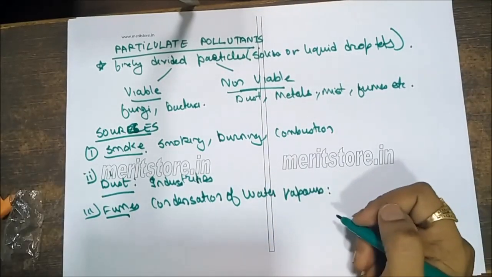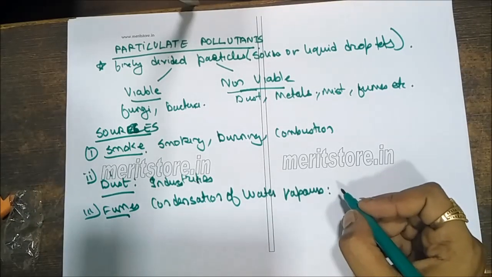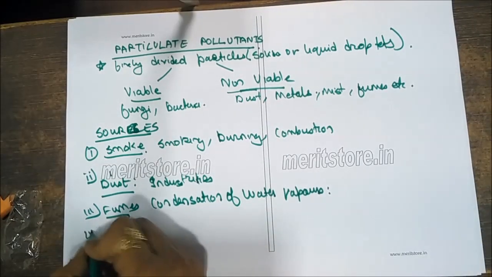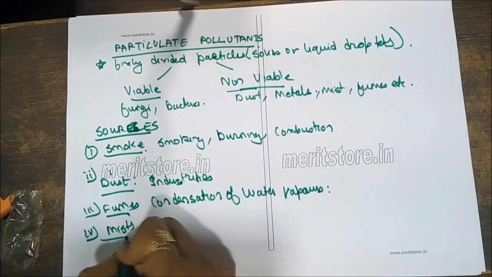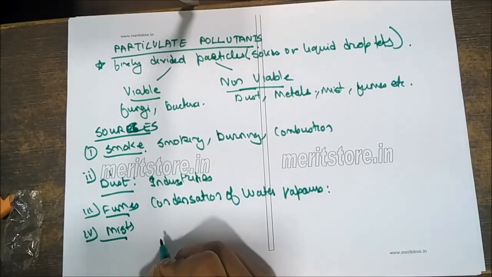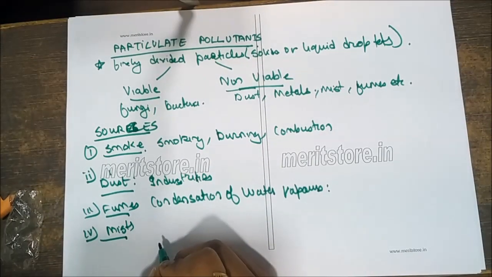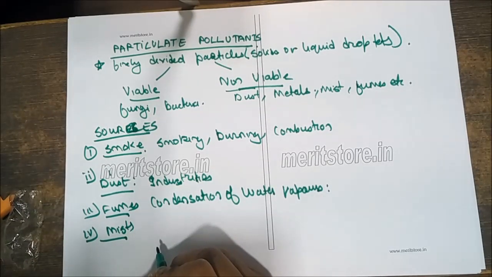And when would this happen? It would happen during the process of distillation, sublimation, boiling, and chemical reactions. And the last type of particulate pollutant is mists. How are mists formed? These are very fine particles of spray liquids formed by the condensation of vapors in the air.